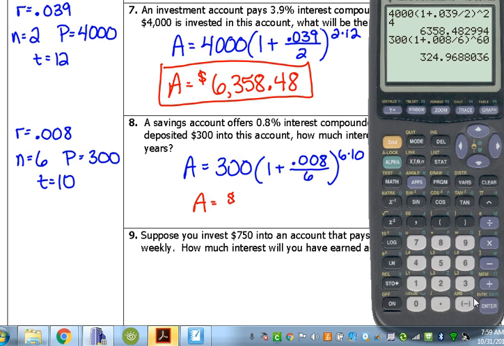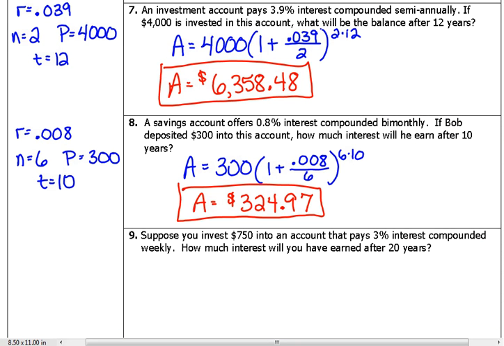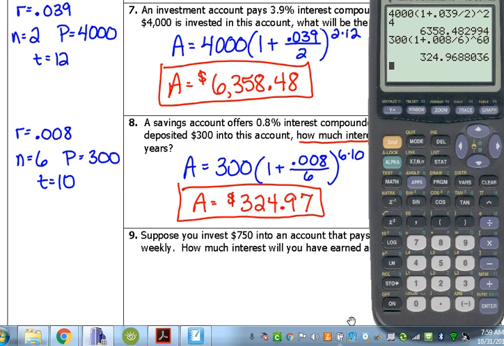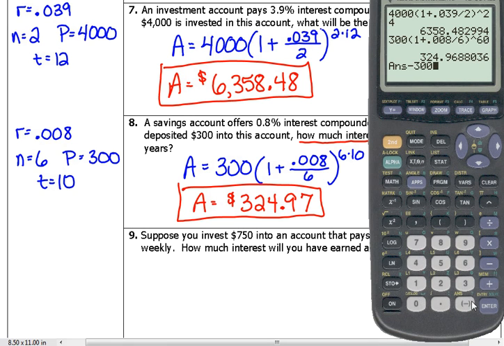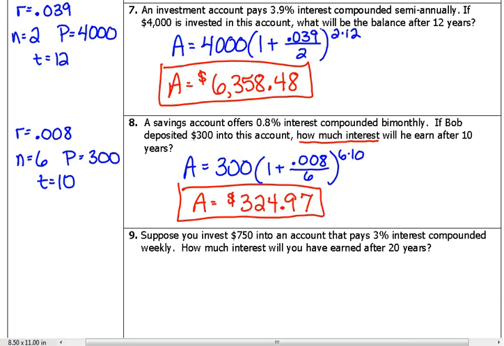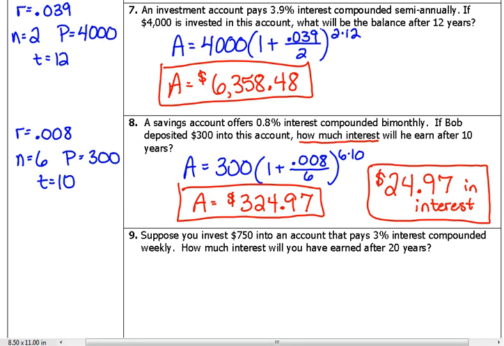We get $324.97. Oh, and actually, hang on, let's read the details. That's not the actual answer to the question. It says how much interest will he earn after 10 years. So that's the value of the account after 10 years. He started with $300, so he earned $24.97 in interest. So make sure that you pay attention to the details of the problem.